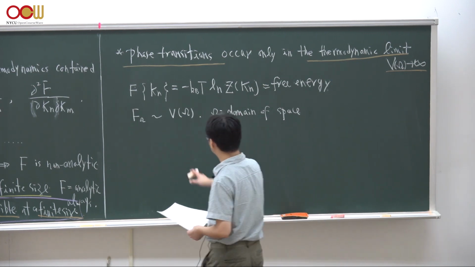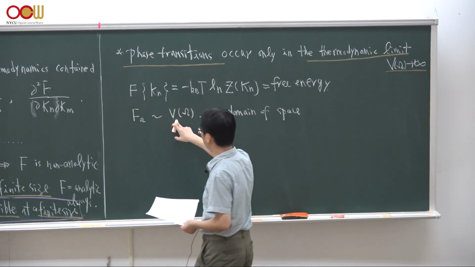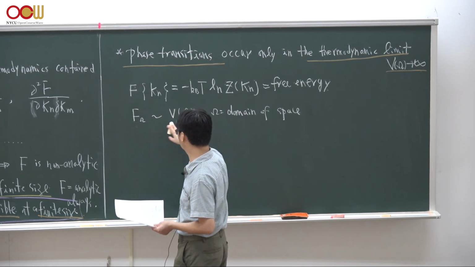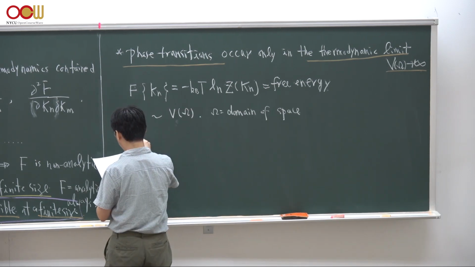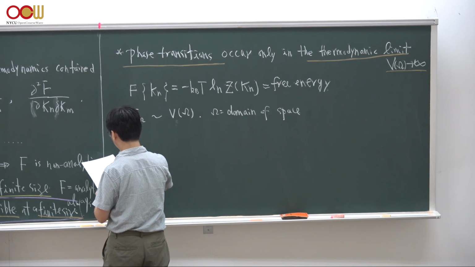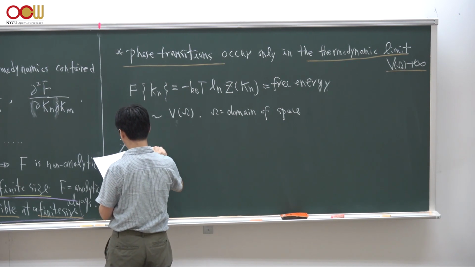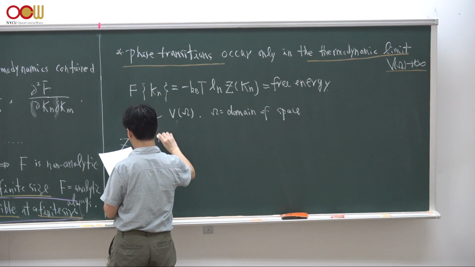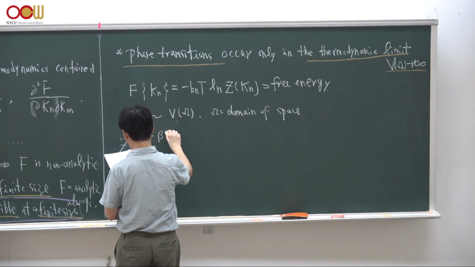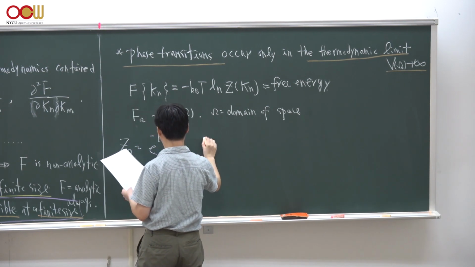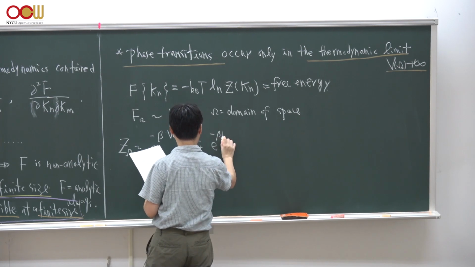And when the system size is finite, so the volume is finite, this free energy is always finite. Because the partition function at a given size is proportional to e to the minus beta times the volume, and also the trace of e to the minus beta H.